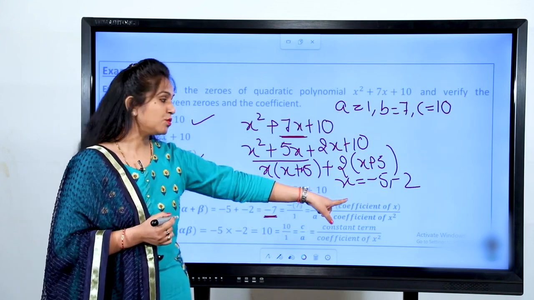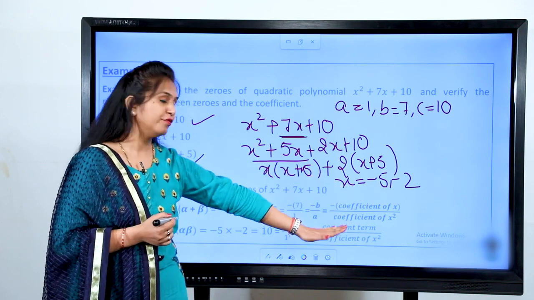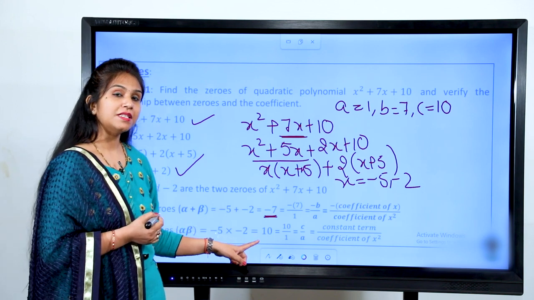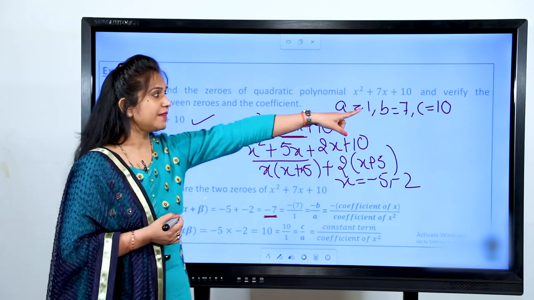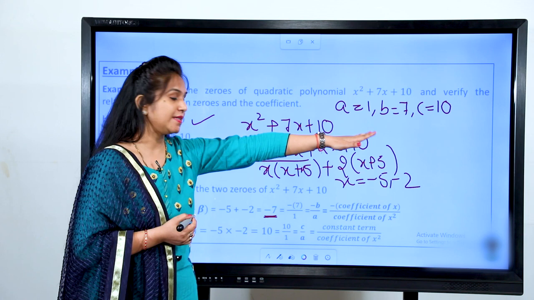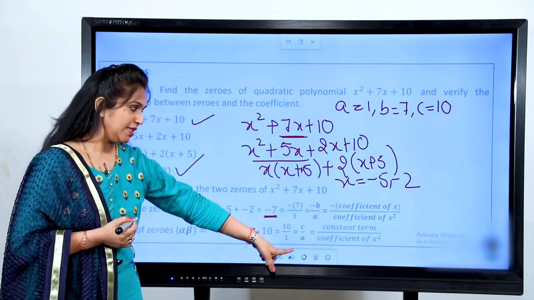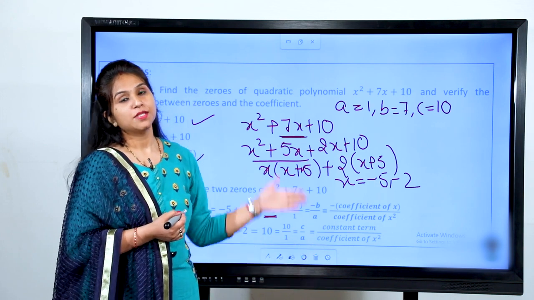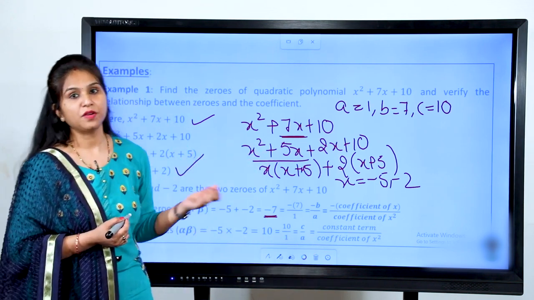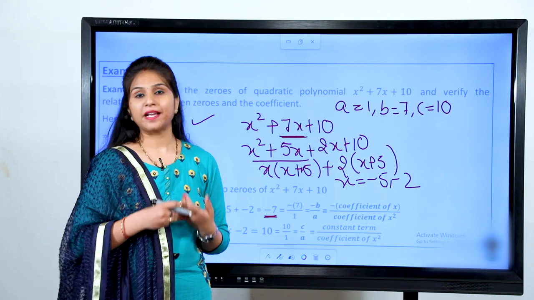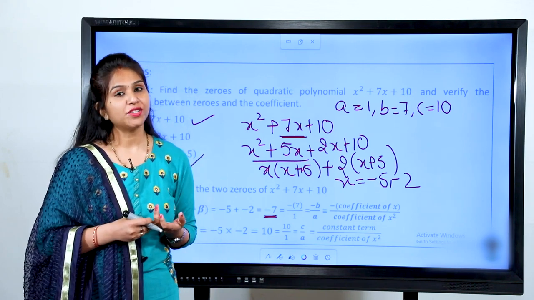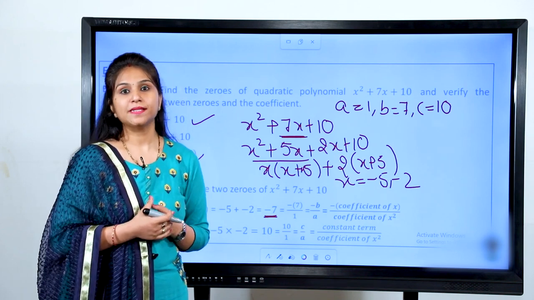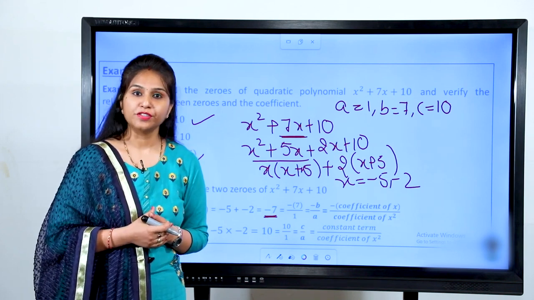That gives you minus coefficient of x upon coefficient of x square. The product of zeros we got as 10, and 10 is c, so we have c upon a, that is the constant term upon the coefficient of x square. So children, you have seen with the help of this example how to find the zeros of a quadratic equation and how to find the relationship between the zeros of a polynomial and the coefficients of a polynomial.